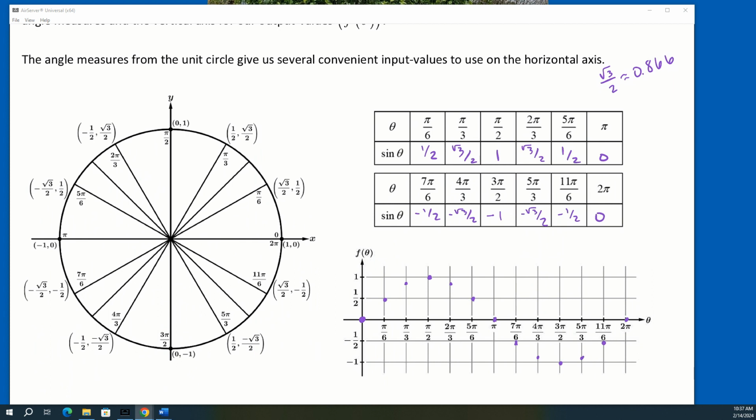Then we're going to connect them. This should just be a smooth, rounded curve.